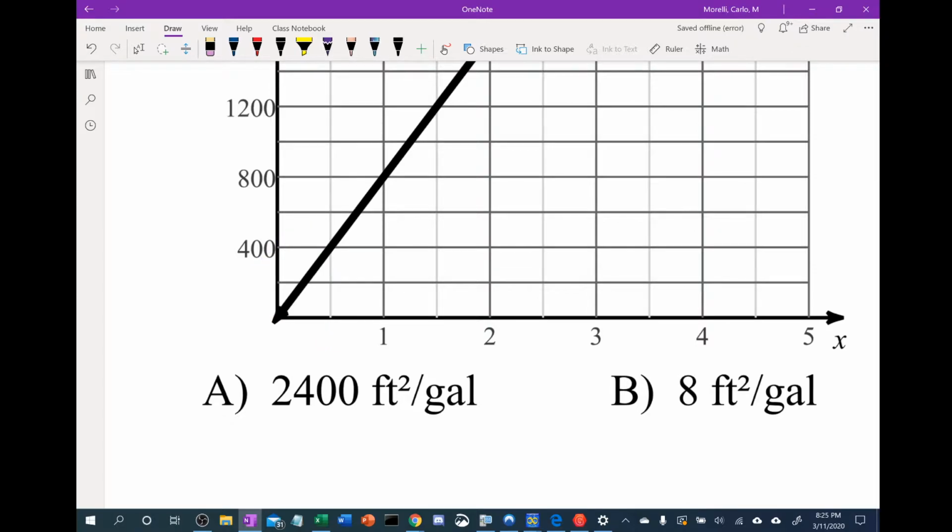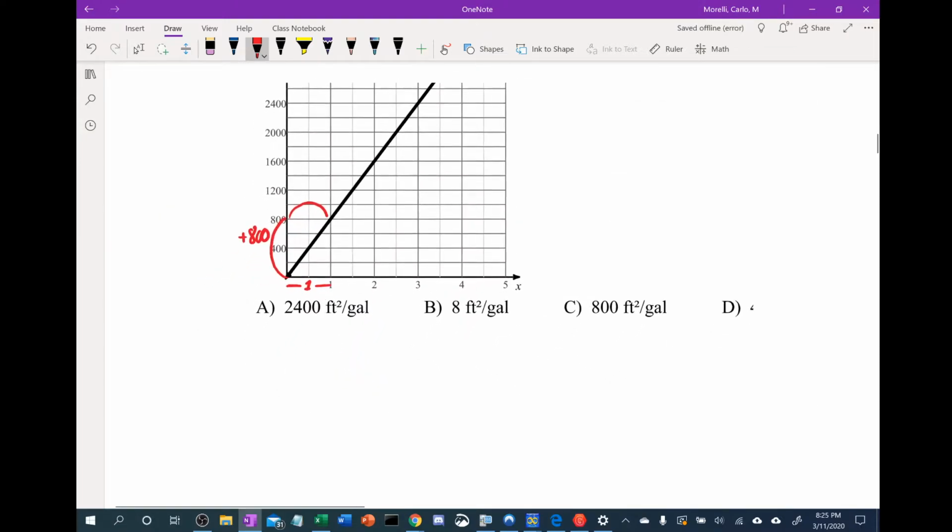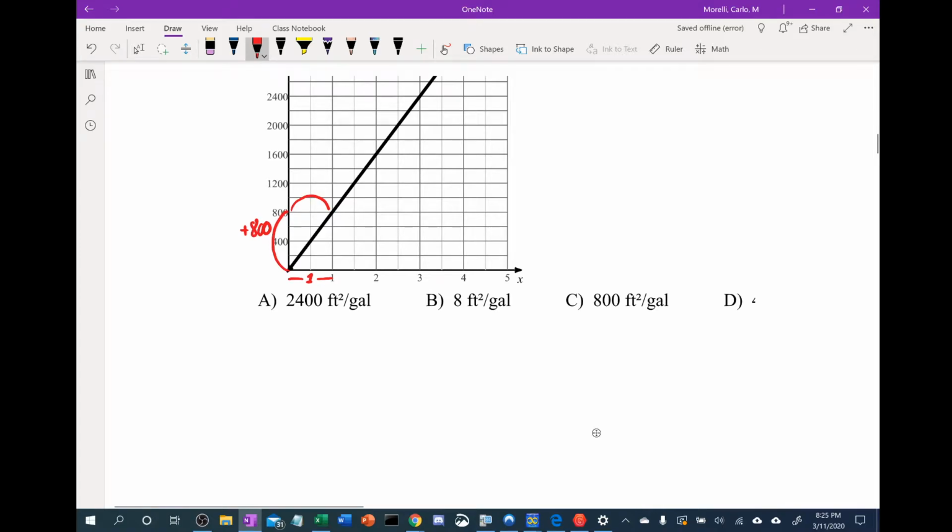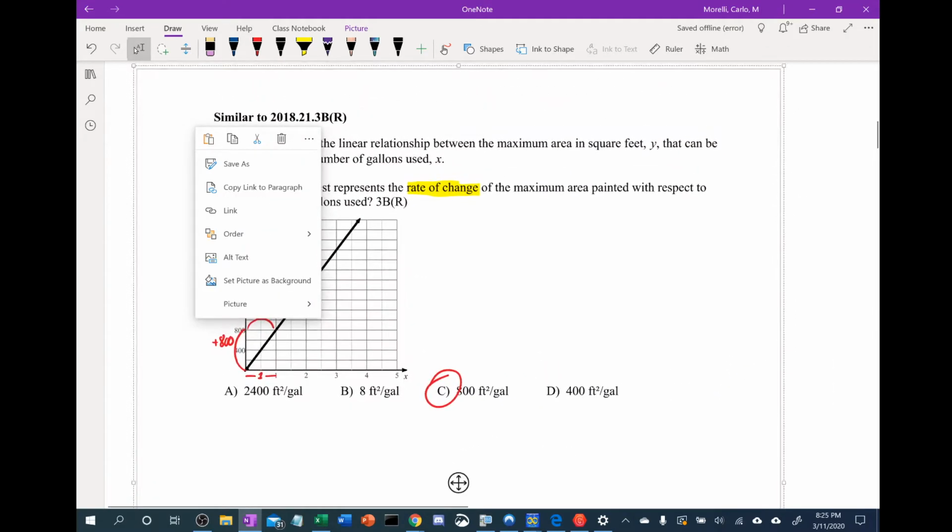So what you need to think is, okay, go up 800 over 1. That makes more sense. So it's plus 800. That's the rise. And the run here is 1. So I would think the answer is 800 square feet per gallon. And that's kind of the whole thought process there.